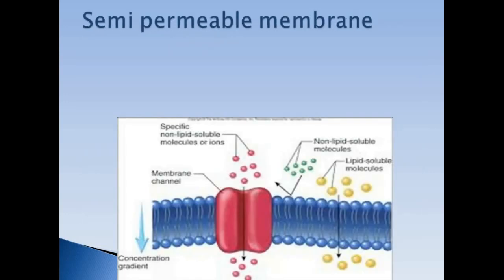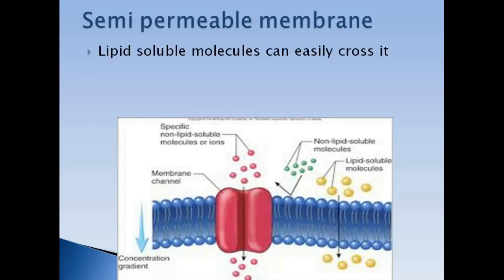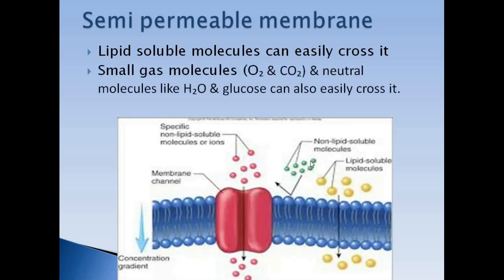How are all these functions maintained? This is through the semi-permeable nature of the plasma membrane, where molecules which are soluble in lipids can easily cross through it, but molecules which are not soluble in lipids cannot cross the plasma membrane. Remember, the main framework of the plasma membrane is made up of the lipid bilayer.